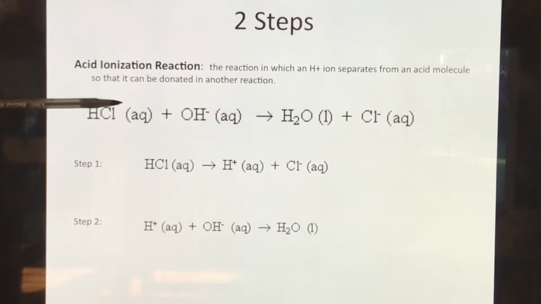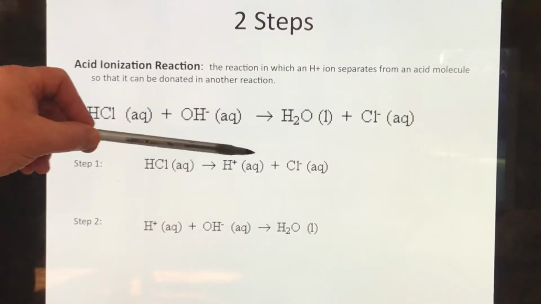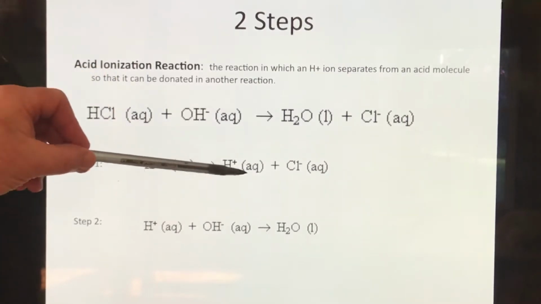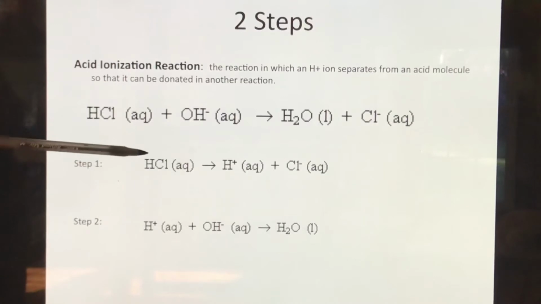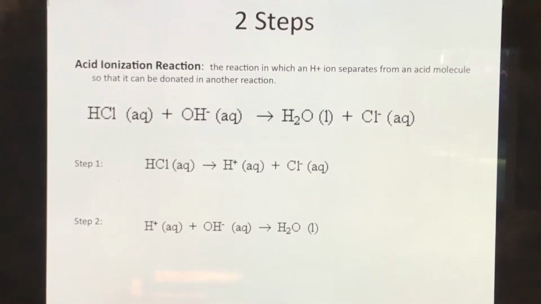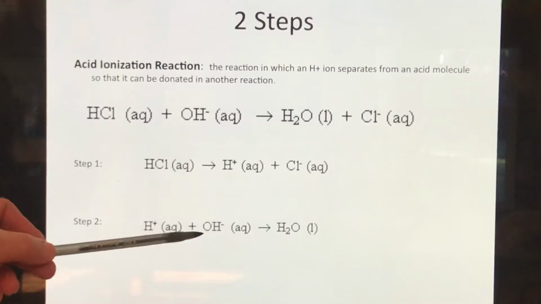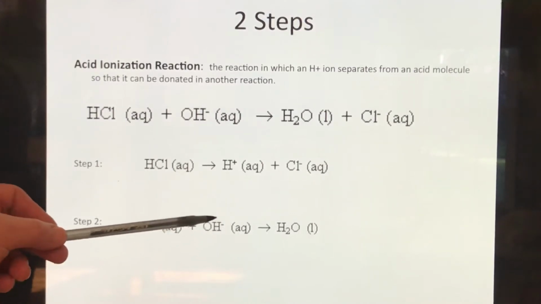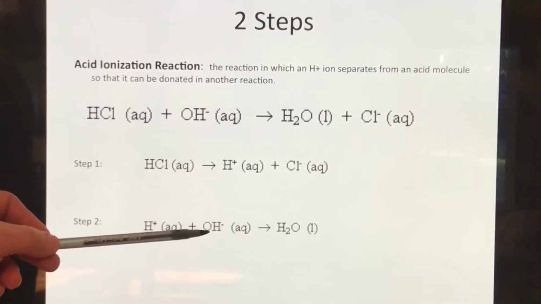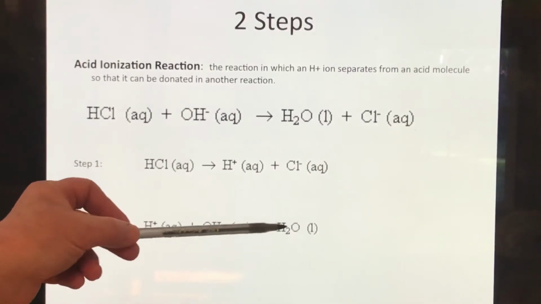The first step is with the hydrochloric acid, the hydrogen ion dissociates and it forms a hydrogen ion and a chlorine ion. So the HCl, hydrochloric acid, breaks down into two components. Then in the second step, the hydrogen ion is received by this hydroxy group, and that forms the water here.